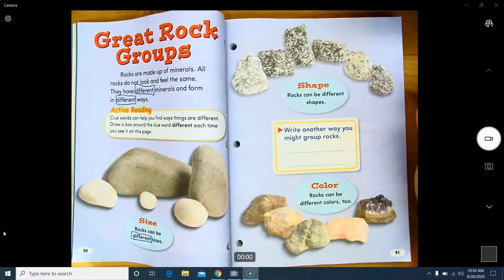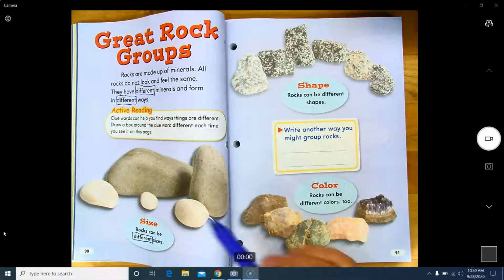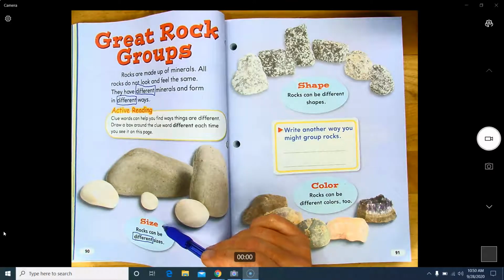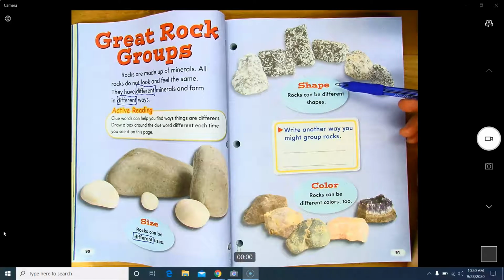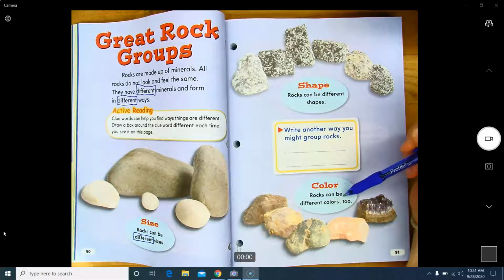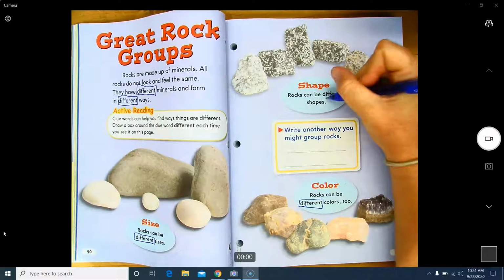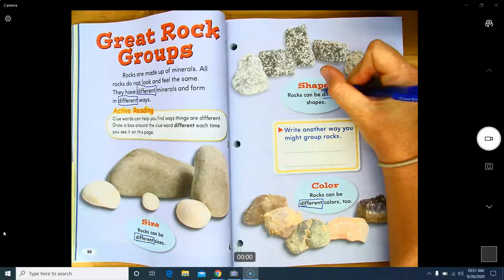You're putting these in different categories. Categories also mean sorting, categorizing. So the first category is size. Second one is shape. Rocks can be different shapes. So these are all different shapes. And then color. Rocks can be different colors too. So here's the word different again. And here.